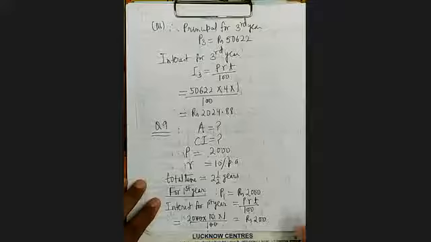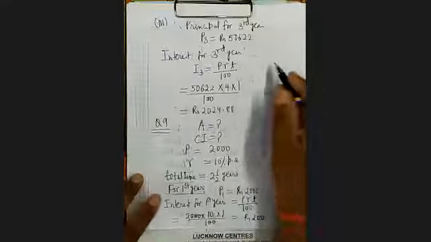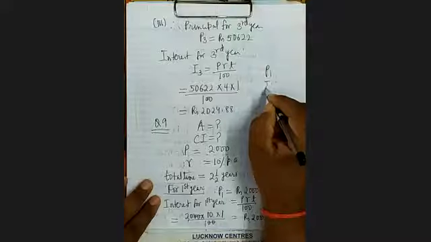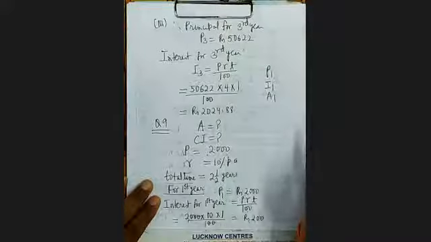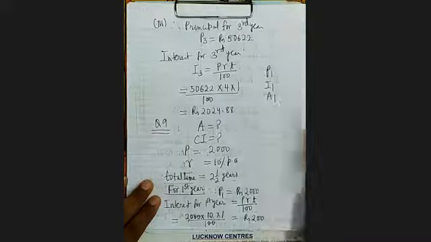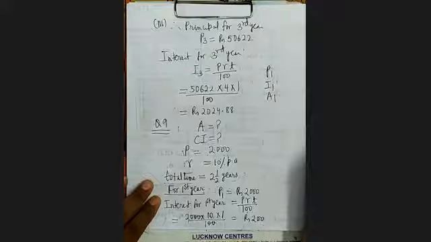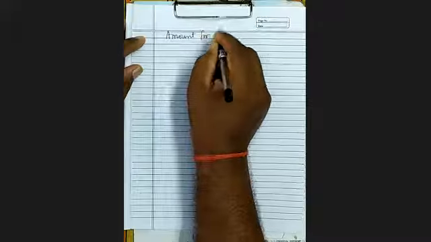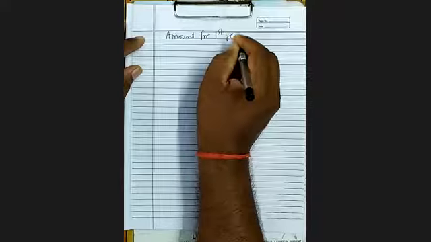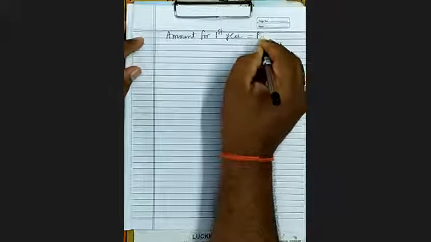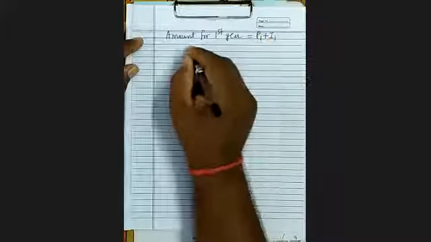After this, what will you find? Amount. What does the algorithm do? P1, then I1, then A1. It is PIA. In every year, PIA. So amount for first year, that is P1 plus I1.